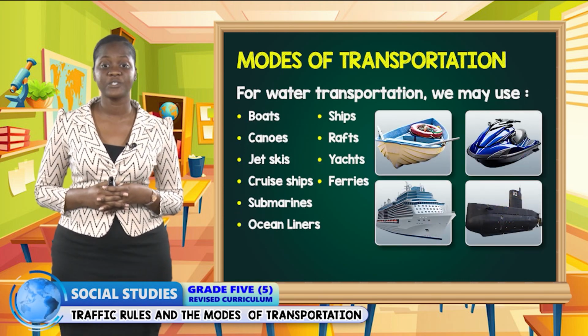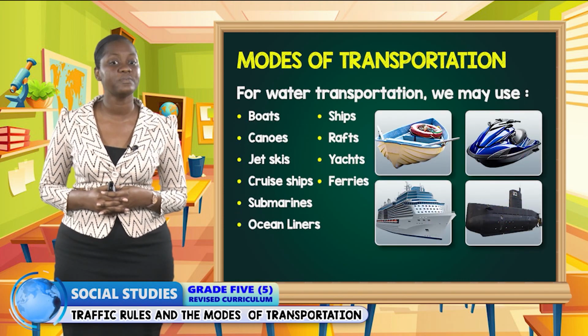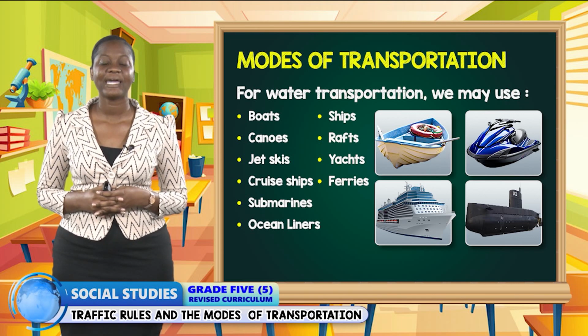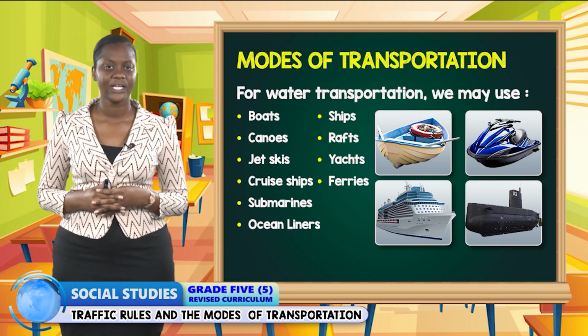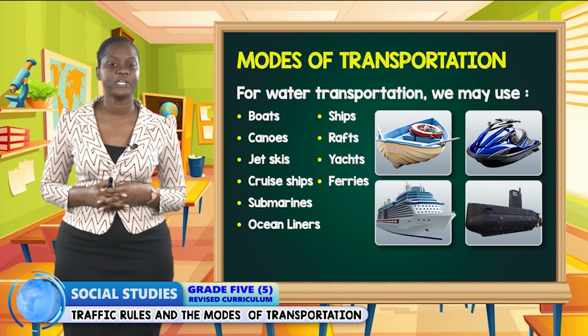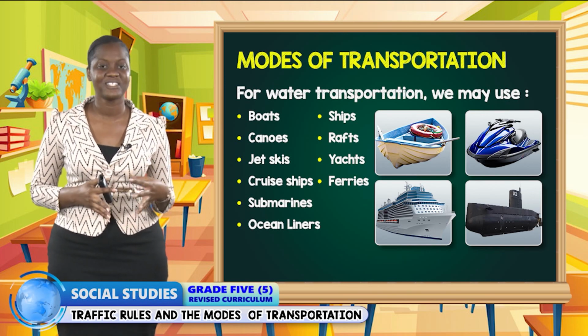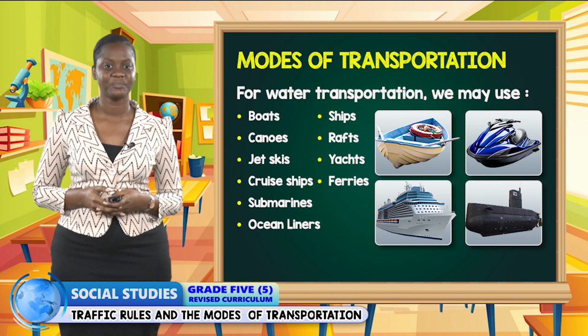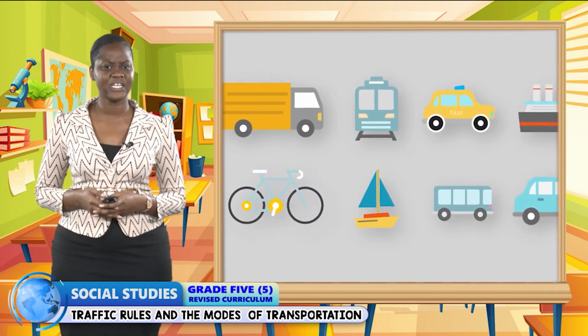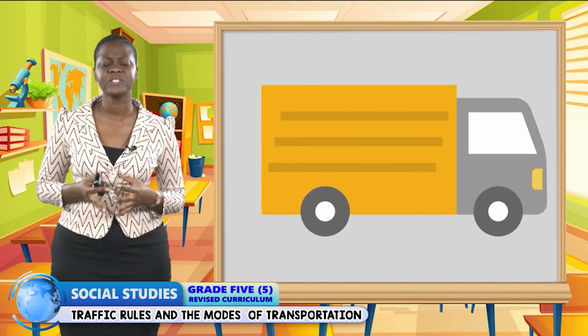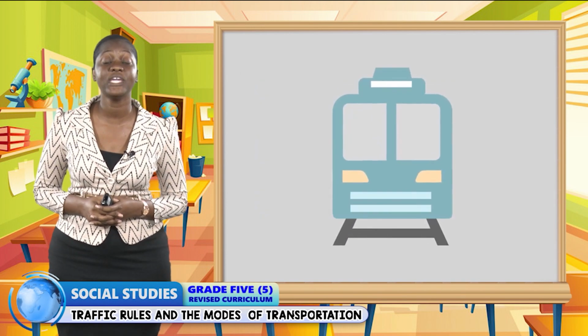For water transportation, we may use boats, ships, canoes, rafts, liners, cruise ships, jet skis, ferries, yachts, or even submarines. So as we can see, we have many forms of transportation that we can choose from.